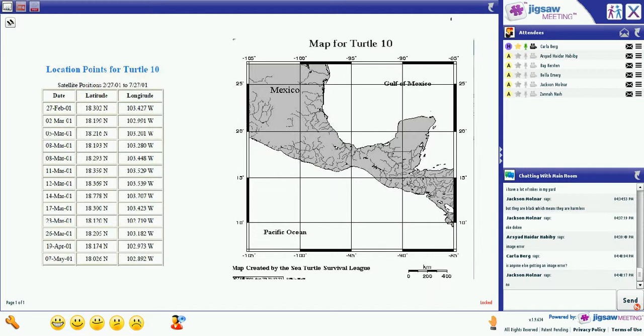So I am going to make my point in red. I am going to do point 1. Point 1 has a latitude, if I look over on my chart and I just put my laser pointer on it, of 18.302. Now it's going to be hard for us to do this exactly, so we are just going to do the best we can do. So it has a latitude of 18.3, we're going to say.